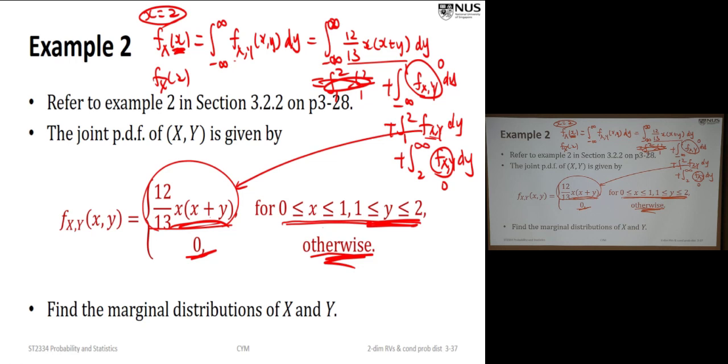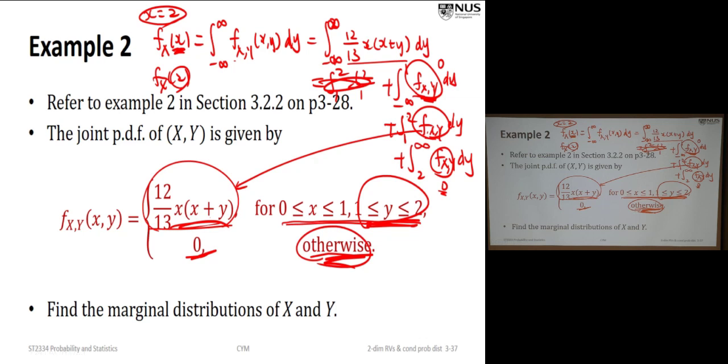For x equal to 2, yes, this is 0 because it falls here. The y here is also 0. But for this one, even if y is between 1 and 2, so it satisfies this part, x is not between 0 and 1. Therefore, this one falls under otherwise, so it's 0.